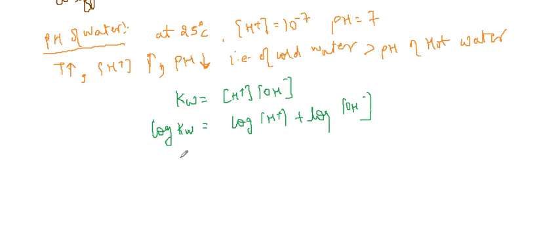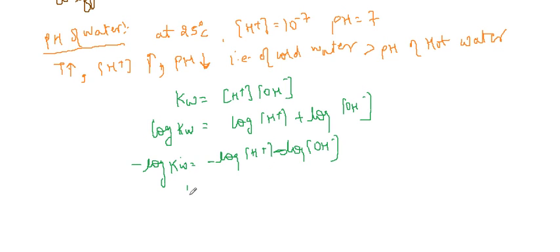If we multiply everywhere with a negative sign, minus log Kw equals minus log H plus minus log of OH minus.